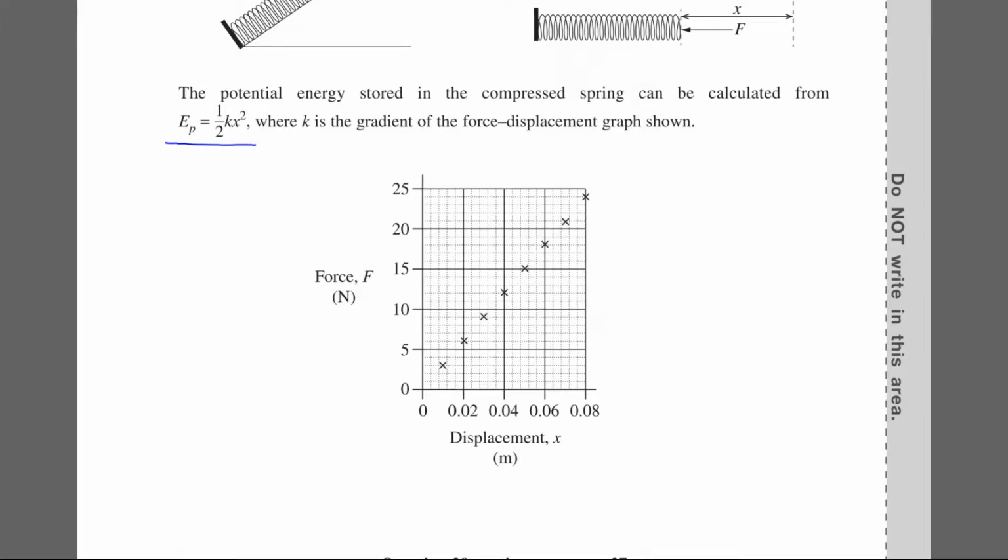To calculate the gradient, frequently gradient is given by letter m, which equals rise over run. And if you've studied a bit of mathematics, you might remember this as y2 minus y1 over x2 minus x1, which just refers to the coordinates of 2 points on your line.